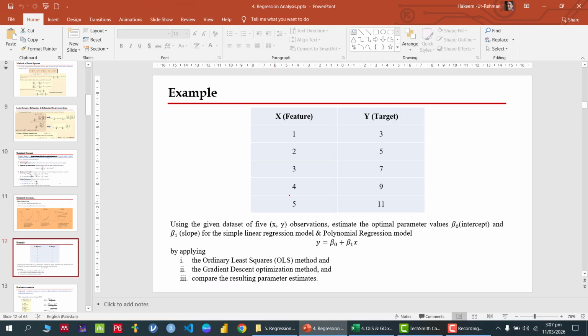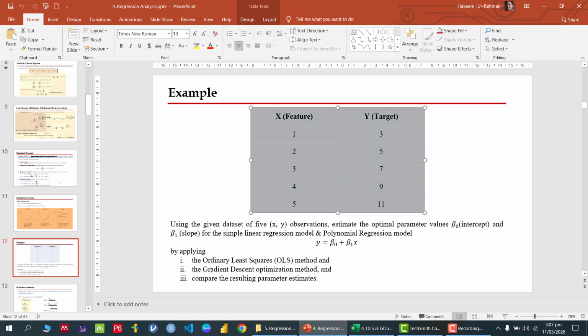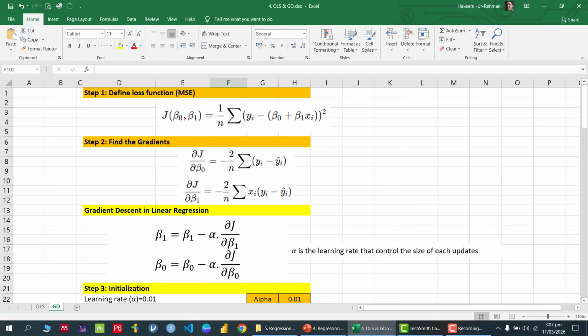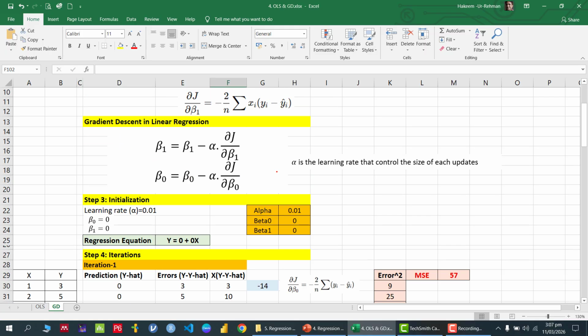For that, I am taking this example and I am going to solve it using gradient descent. I am going to use this data set to estimate the parameter values. As you know, we have taken the mean square error as the loss function. These are the gradients with respect to beta naught and beta 1, and these are the formulas.